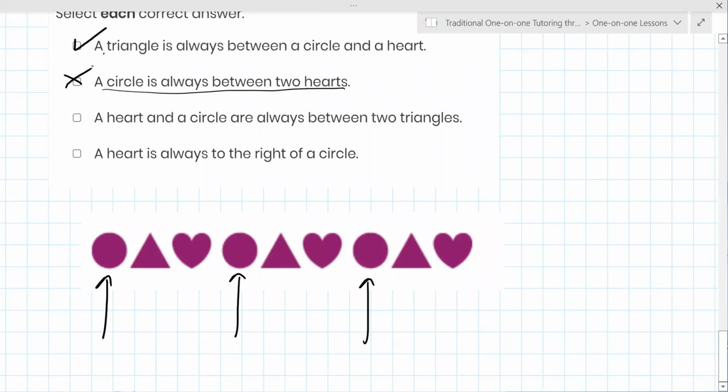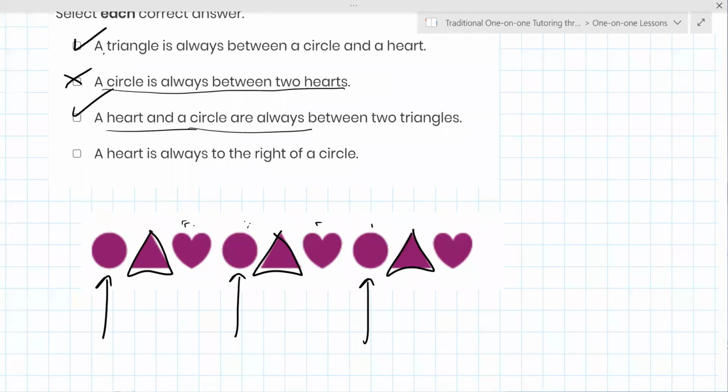Now, is it true that a heart and a circle are always between two triangles? So this is where you got to say, okay, where's my triangle? There's a triangle, there's a triangle, and there's a triangle. Is there always a circle and a heart between them? Yes. That looks good. A heart is always to the right of a circle.